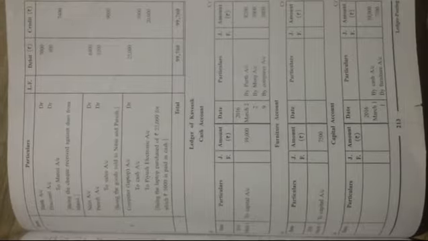So now let's post the last entry. What is this? Computer account was debited, to cash account and to Piyush electronic account. You have already prepared the computer account, cash account and Piyush electronic account. Now the second step is to decide on which side the entry would be posted.